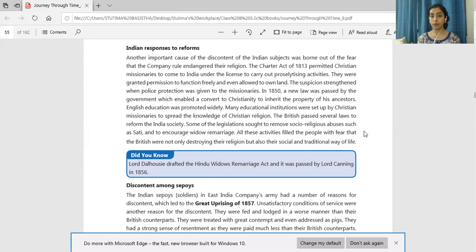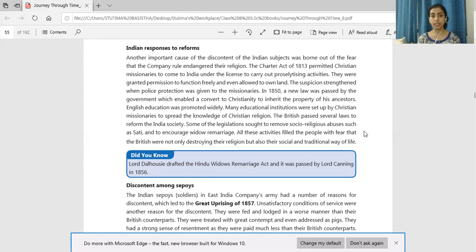And also many educational institutions were brought to India to spread English education and to spread the knowledge of Christianity, all right, to speak more about the Christian religion. So the British passed several laws to reform the Indian society, and we know that the British tried to reform the Indian society by encouraging widow remarriage and by abolishing sati.